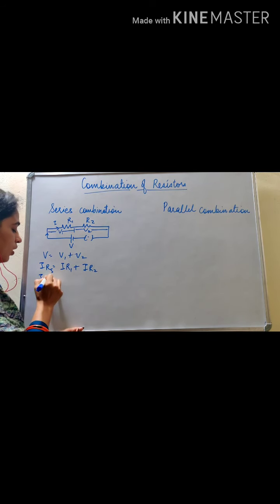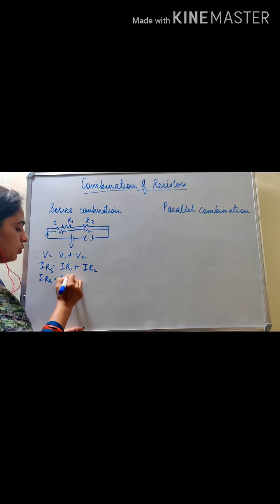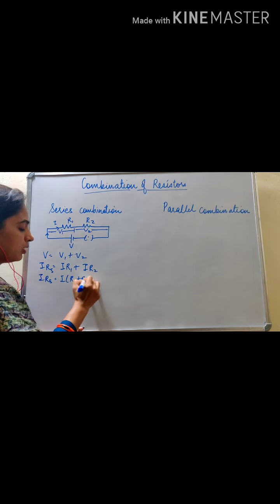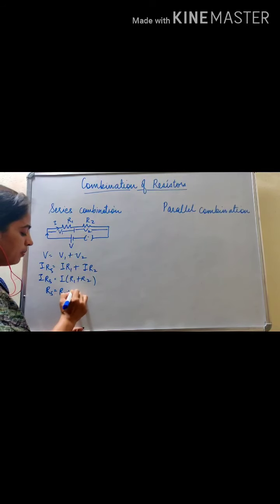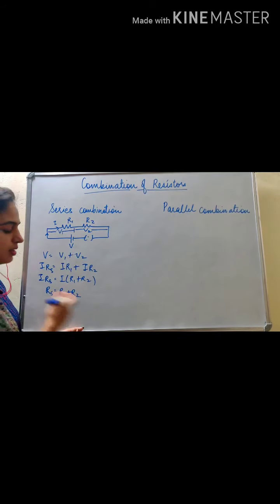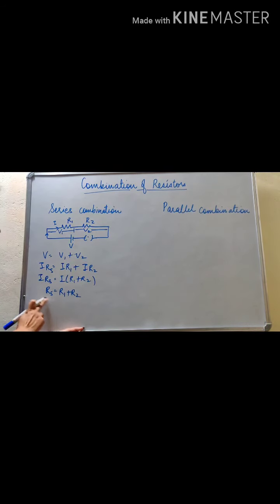So taking I common, Rs is equals to I, R1 plus R2, or Rs is equals to R1 plus R2. If there are n resistors, then R1 plus R2 plus R3 up till Rn. So that's the equivalent resistance for resistors connected in series.